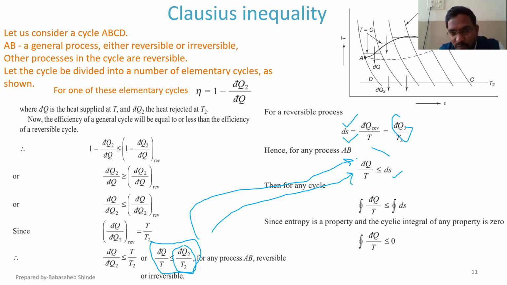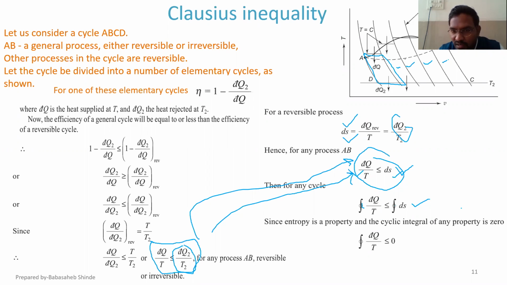Now this equation we have written for the first segment only. If I want to extend it to the second, third, fourth, that is for the complete cycle, I can write the cyclic integral of dq by T less than or equal to the cyclic integral of ds. Okay, is that fine, Pradeep?